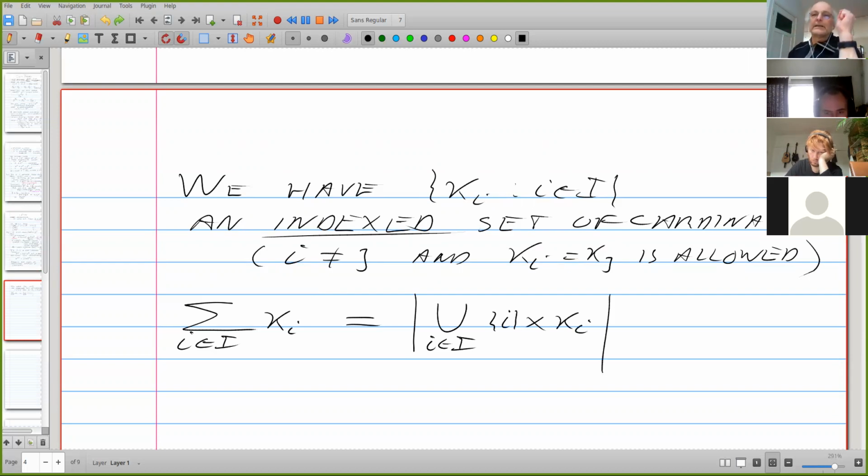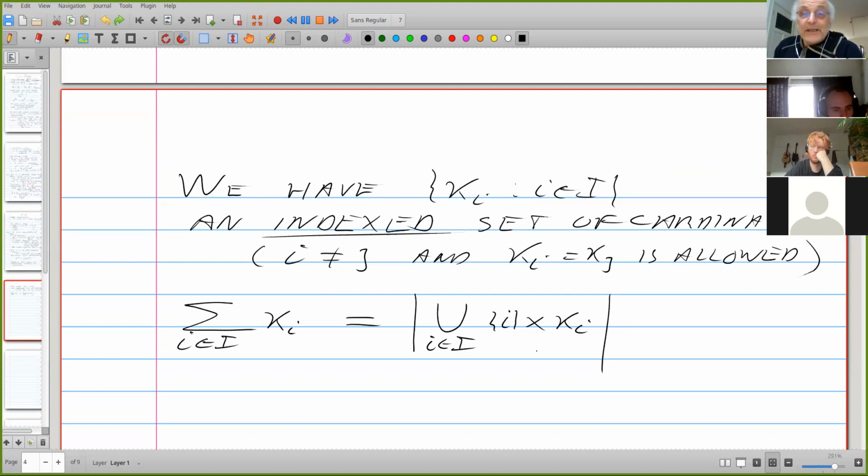We take disjoint copies of the cardinals kappa_i. And how do we do that? Well, we simply multiply by the index. That's the easiest way to do that. Now, suddenly those sets are disjoint because the indices are all distinct. There is no double index going around.